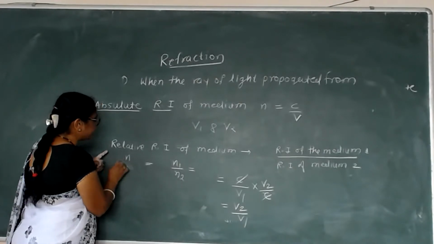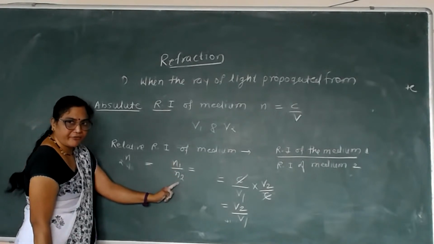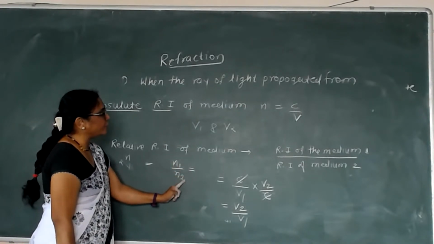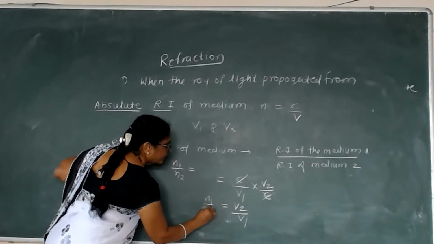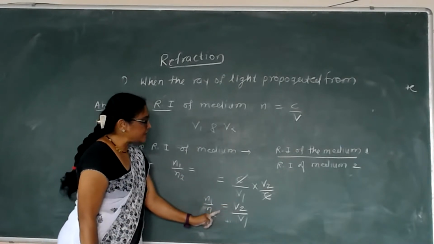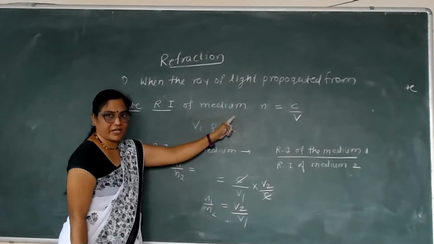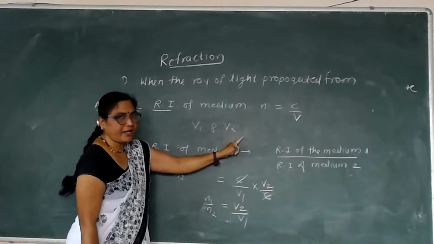Otherwise, when the ray of light is propagated from the second medium to the first medium, we write n1 by n2, which is equal to v2 by v1. So we got the formula n1 by n2 is equal to v2 by v1. This is known as the relative refractive index, that is n1 divided by n2.